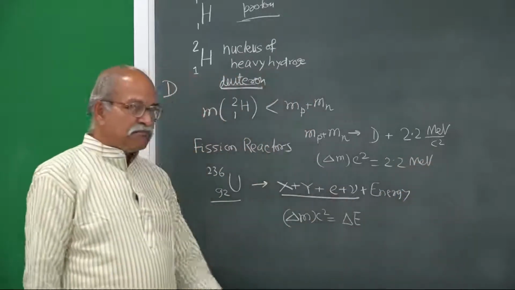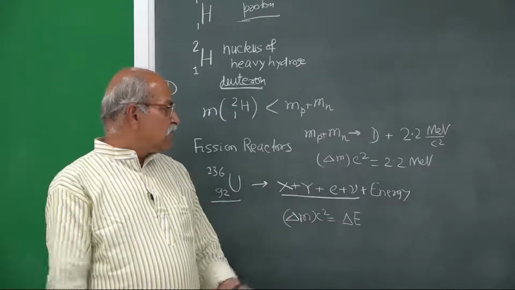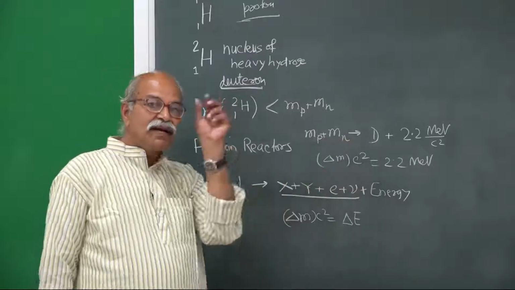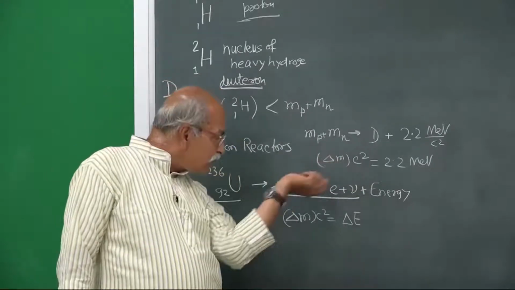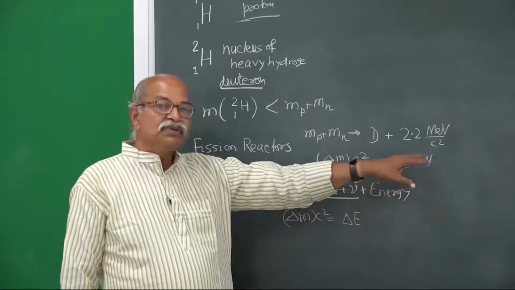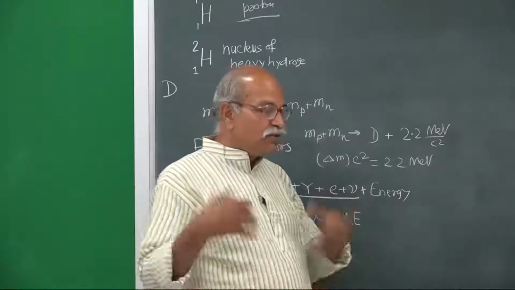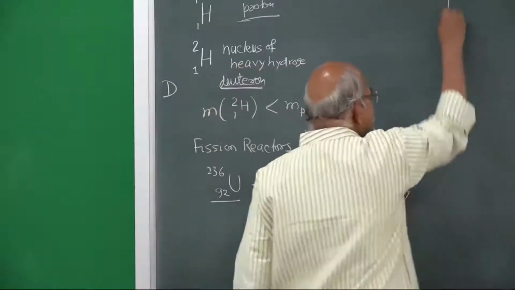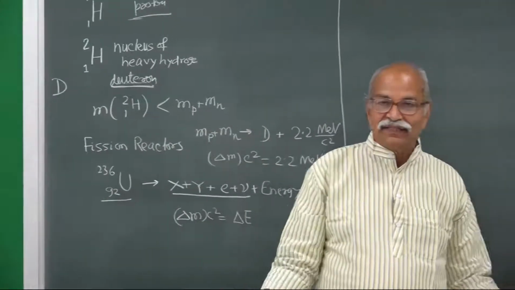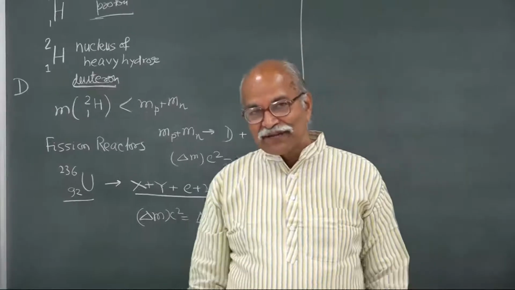So, if I am making a deuteron out of proton and neutron, I am reducing the rest mass, and that reduction in rest mass is made available in the form of energy which is 2.2 MeV. So, that kind of mass energy conversion goes on very regularly. You heat the object, you do a chemical reaction, and mass energy conversions are always there.